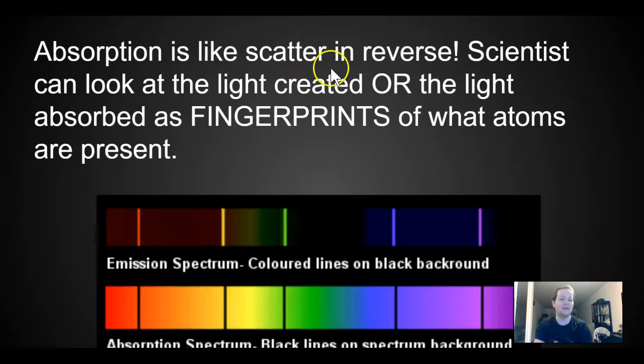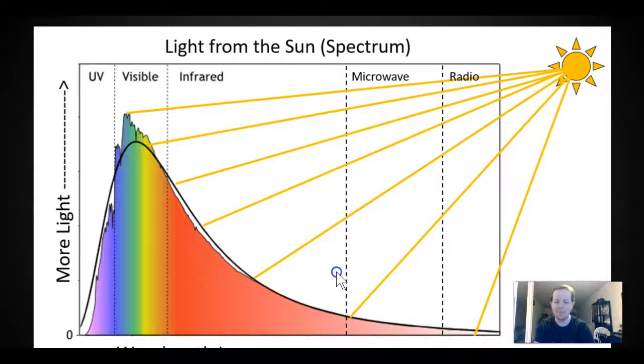Absorption is like scatter in reverse. Scientists can look at the light created or the light absorbed as fingerprints of what atoms are present. So looking at this or this, you could investigate what atom is in there.